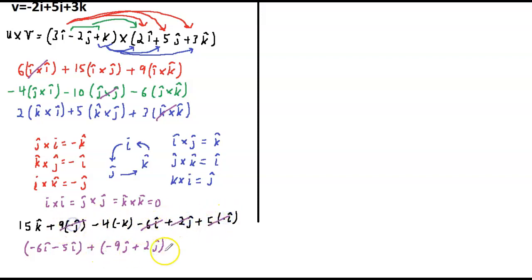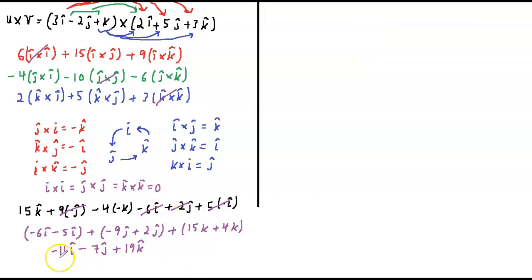We have 15k and a minus 4k gives us positive 4k. And finally, simplifying, we get negative 11i minus 7j plus 19k. And that's our final cross product of u and v.